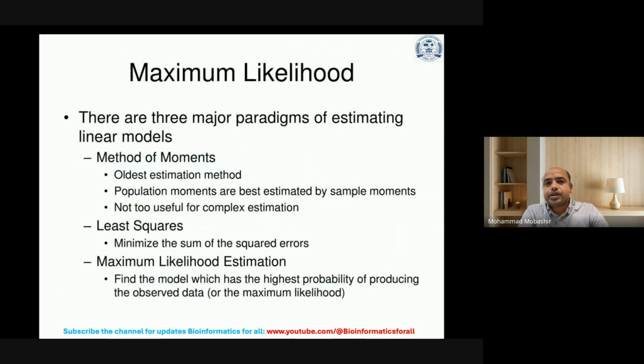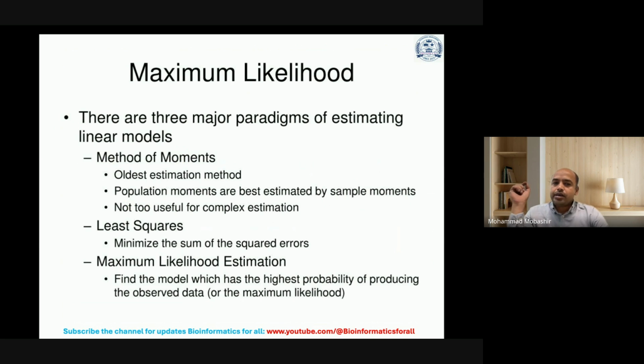There are three major paradigms of estimating linear models, and MLE is one of them. For example, the method of moments is the oldest estimation method, where population moments are best estimated by sample moments.